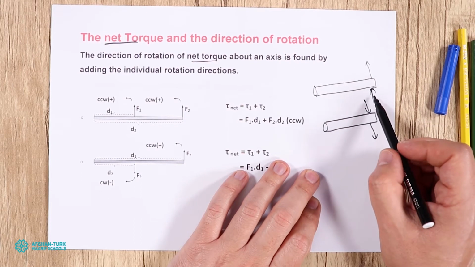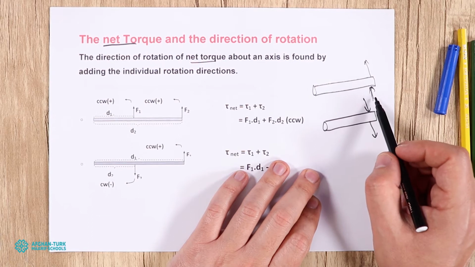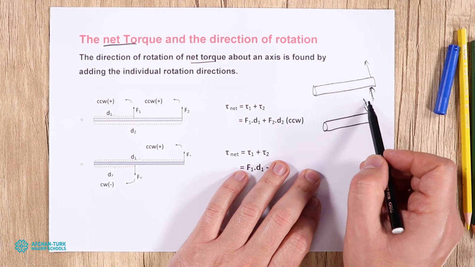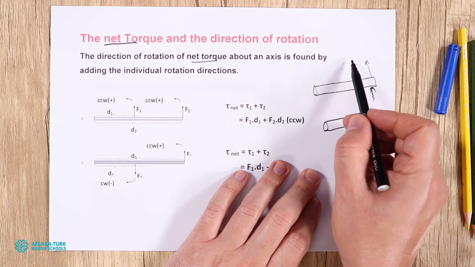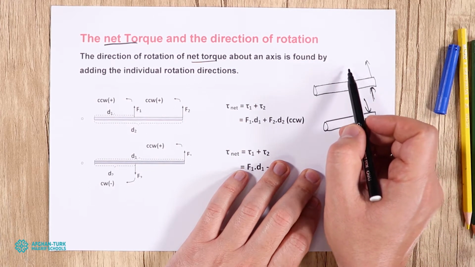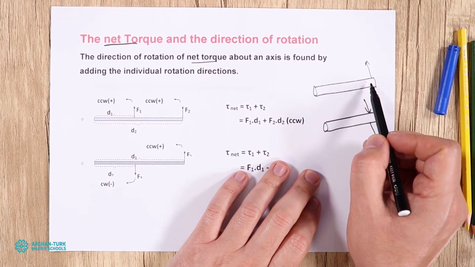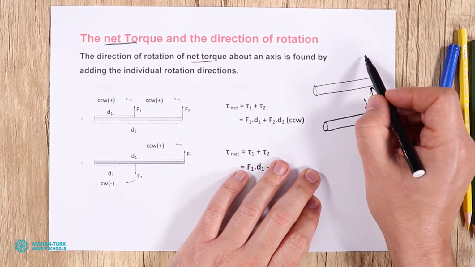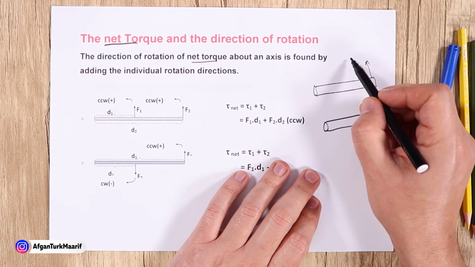So when we apply the force on this lever, and because of this force the torque is produced in this direction, this is called counterclockwise, also said anti-clockwise or counterclockwise.